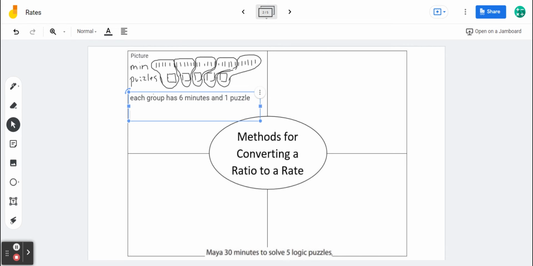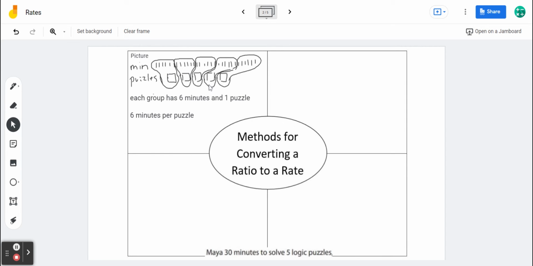That means the rate, that means it takes Maya 6 minutes per puzzle. That's the rate. So she completes one puzzle every 6 minutes because per means 1 unit. And that's how you would solve it using a picture model.